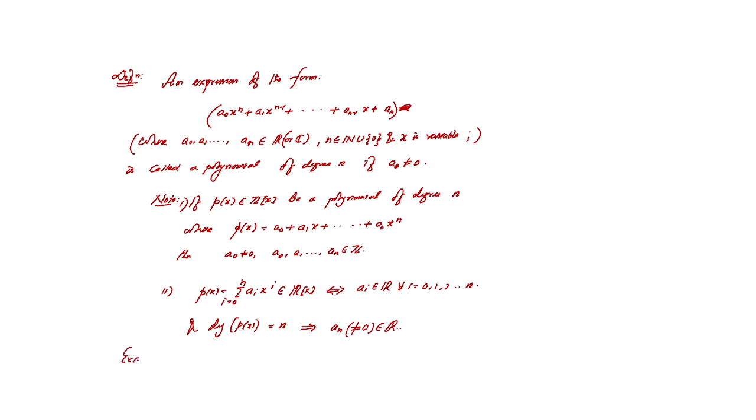So as for example, we can take different examples here. Say p(x) equals a0 plus a1x. This belongs to Z[x]. This is a linear polynomial.